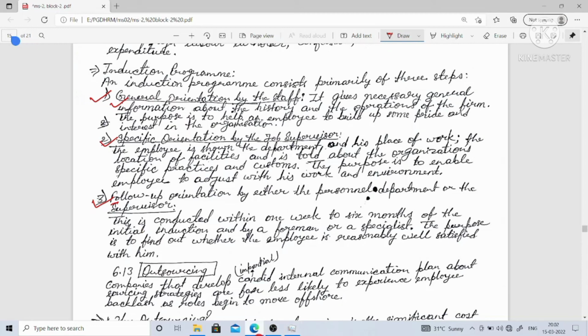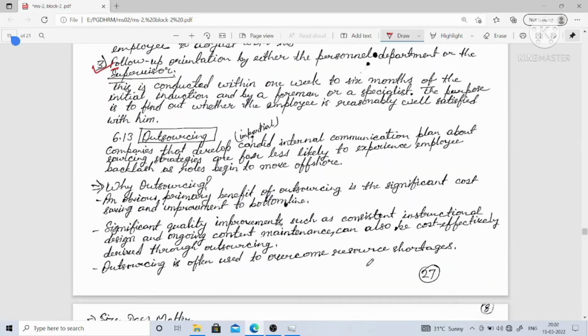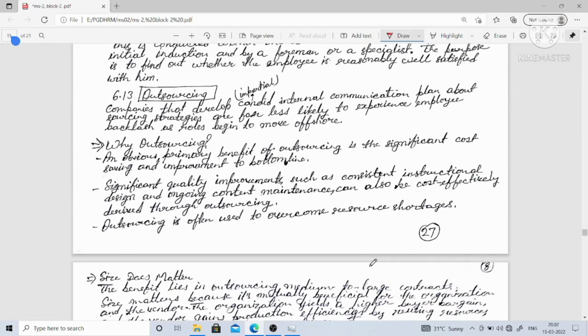Now next, outsourcing. Companies that develop an impartial internal communication plan about an outsourcing strategy are far less likely to experience employee backlash as roles begin to move offshore.